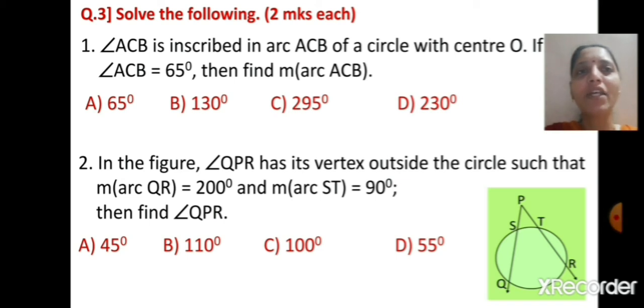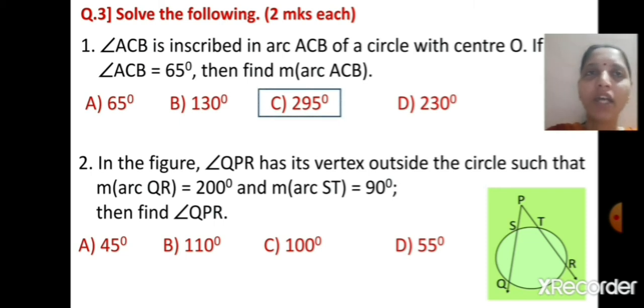Angle ACB is inscribed in arc ACB of the circle with center O. If angle ACB is equal to 65 degrees, then find major arc ACB. So with the help of the inscribed angle theorem, you can find the answer. The answer for this question is 295 degrees.